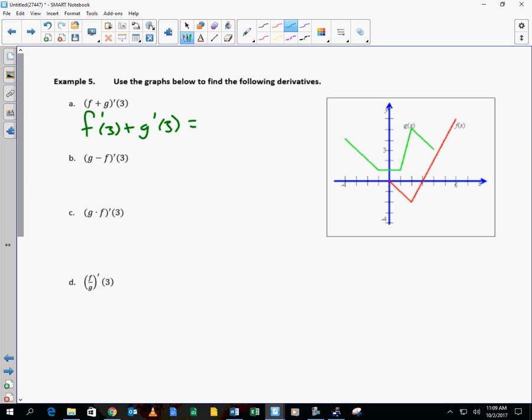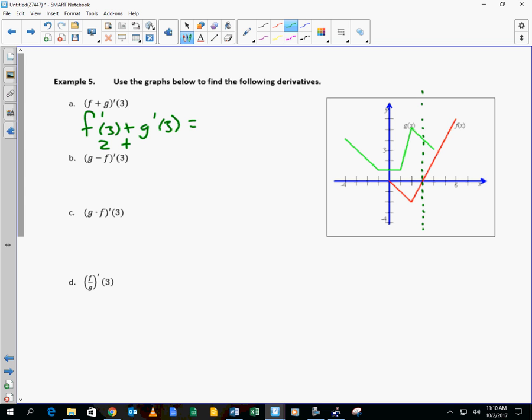Okay, so Leah, I'm going to ask a little bit of what you were saying. You're right that we want to look at the slope at 3. So we want to look at the slope of f at 3, and it looks like it's 2 over 1, up 2. So the slope is 2.